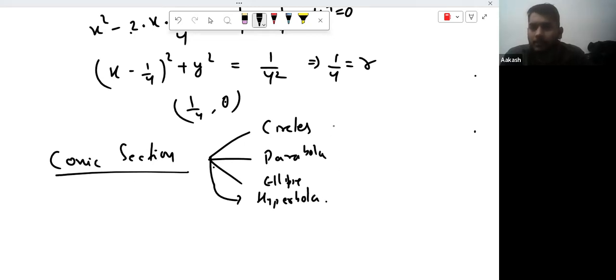So we have completed circles and parabola. Today we are going to start with ellipse. And don't worry, you will not require any of this knowledge to complete ellipse. We'll complete ellipse, hyperbola, and the rest of the things we'll cover after.